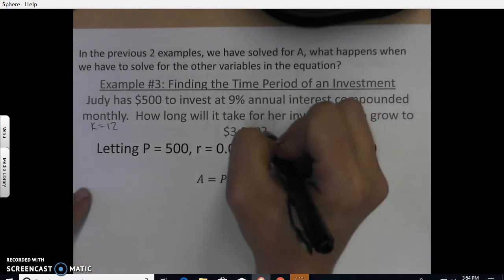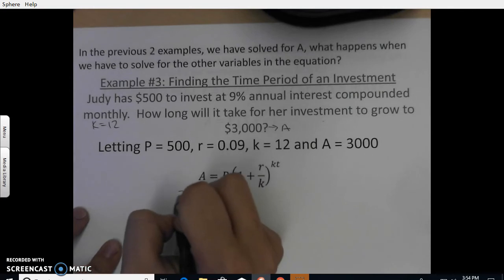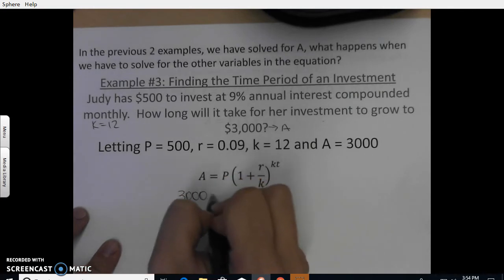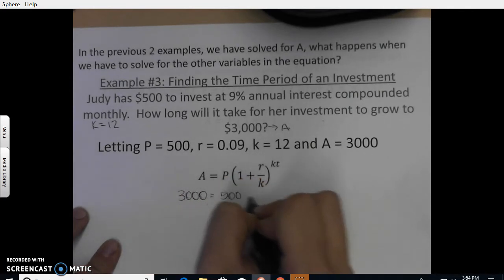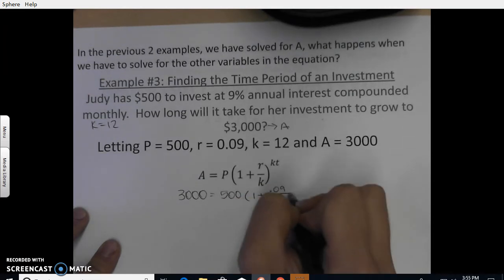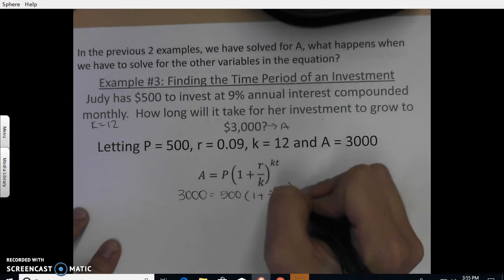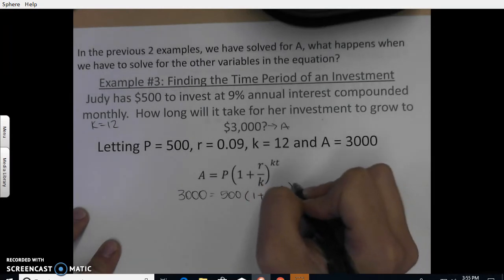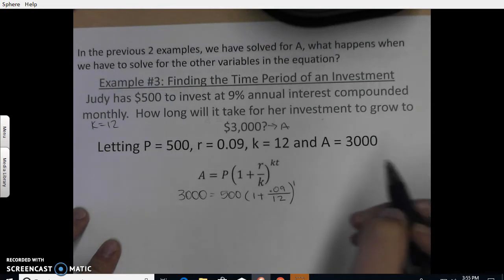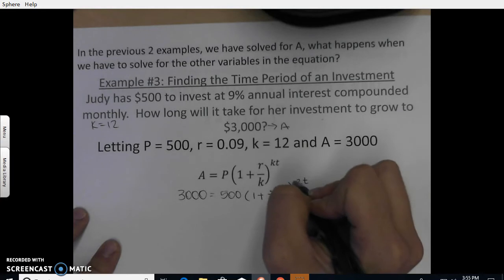So now we know the A value, and we're looking for the T value. So we're going to plug in 3,000 is equal to 500 times 1 plus 0.09 over K, which is 12, to the K, which is 12T, power.